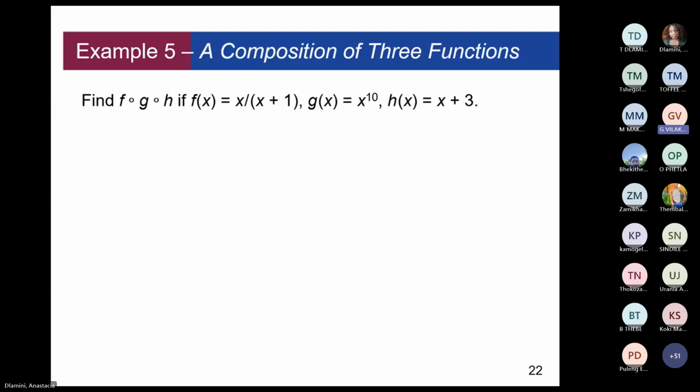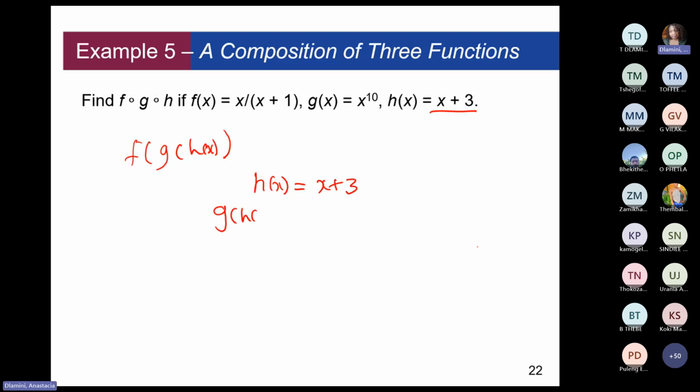With example 5, you have f, g, and h of x. What you do first, you go and put, where you see h, you put x plus 3. You take this x plus 3, put it in g of x, like this. That's what they're saying, put inside. So this will be inside g of x, put x plus 3. Where's g of x? This one. Then you say (x plus 3) to the power of 10.